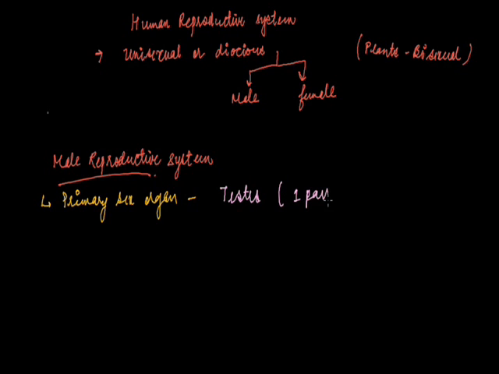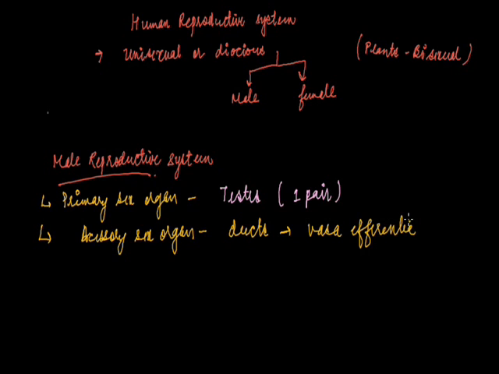So males have one pair of testes. Second, the accessory sex organs are the duct system, various ducts that are vasa differentia, epididymis.